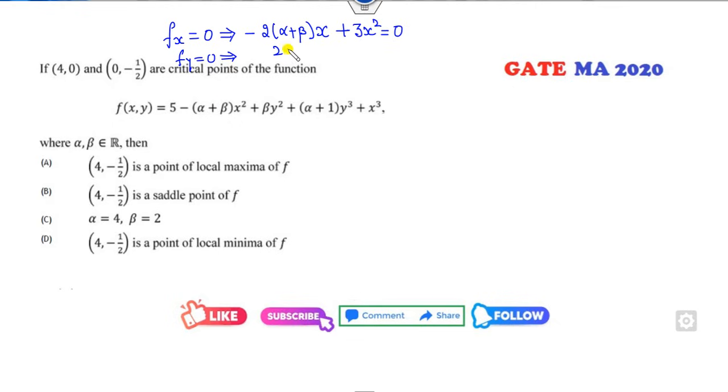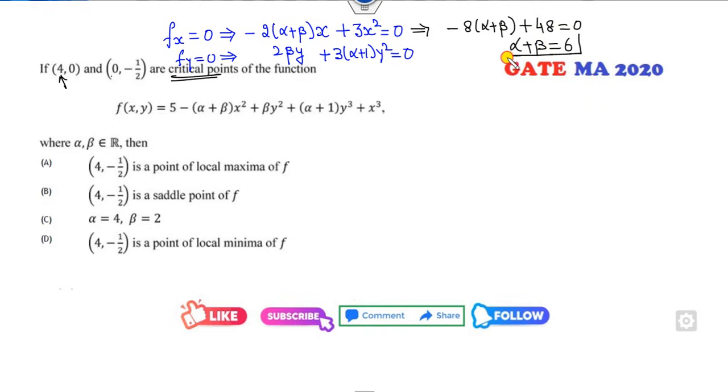With respect to y, 2 beta y plus 3 times alpha plus 1 y square is 0. Then, if I substitute x is equal to 4 here, because these are the critical points, it must be satisfied. When x is equal to 4, it is minus 8 alpha plus beta plus 48. So that means alpha plus beta must be 6.